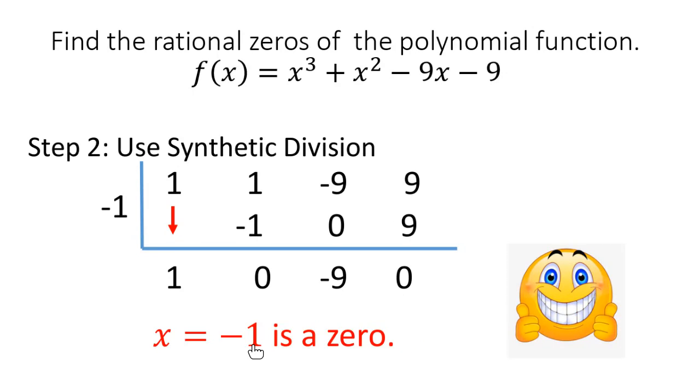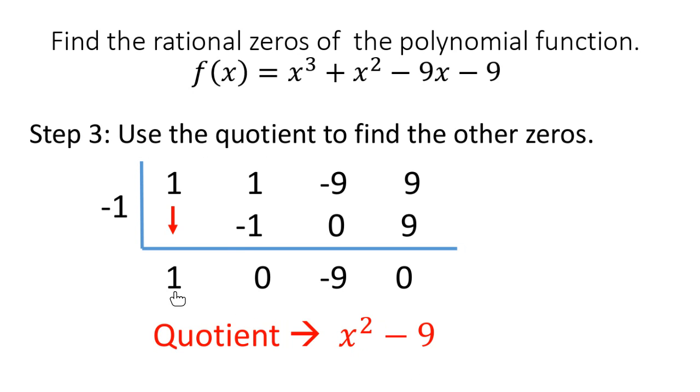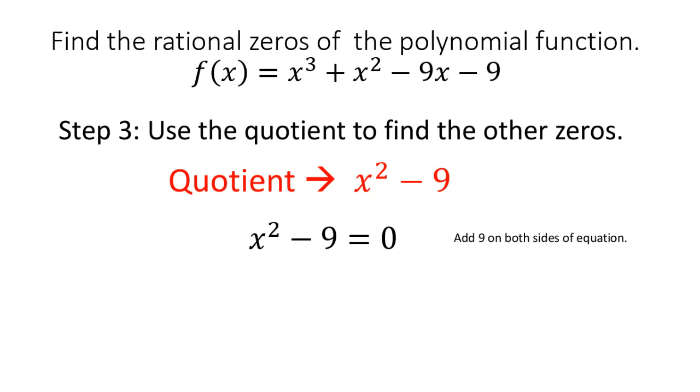So now that you have -1 is a 0, we're going to use the quotient. So since your degree was 3, when you start to write your quotient, you're going to have 1 degree less. So for this one, we would have x squared. There's no x, and then we have -9. Then you use your quotient and solve for x. Set it equal to 0 and solve for x.